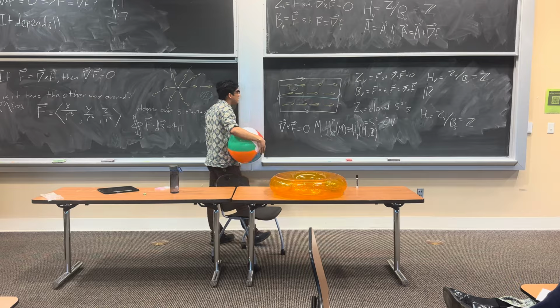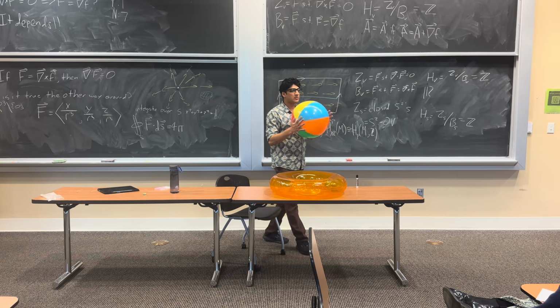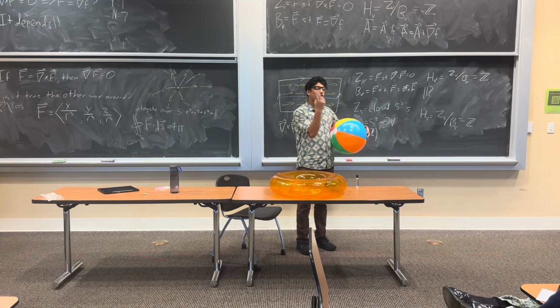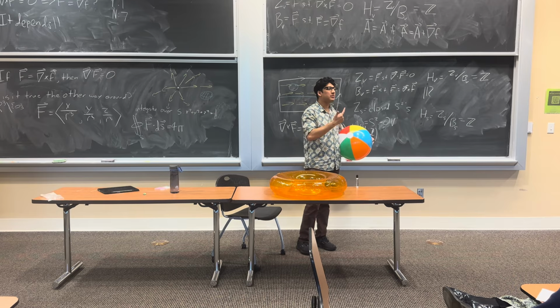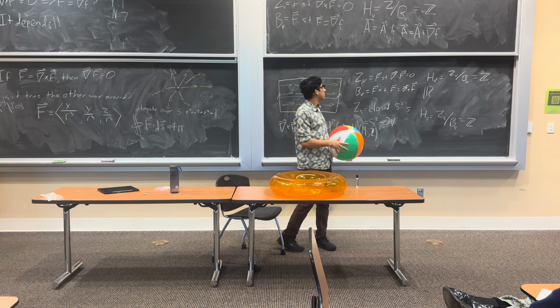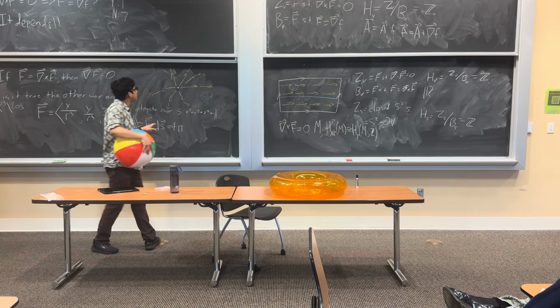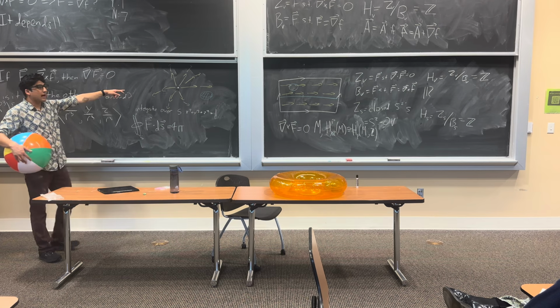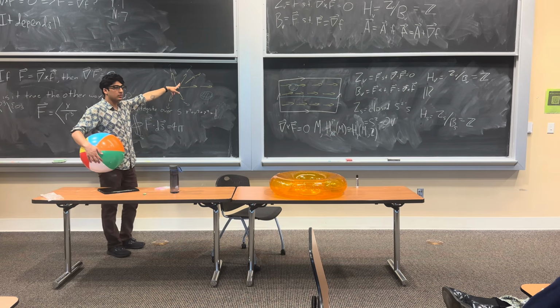But my point is that the topology of a space determines two things equivalently. It determines the types of loops and the types of spheres I can make. And it also determines the types of vector fields I'm allowed to make. Because again, this vector field would not be allowed in R^3, but it is allowed in punctured R^3.